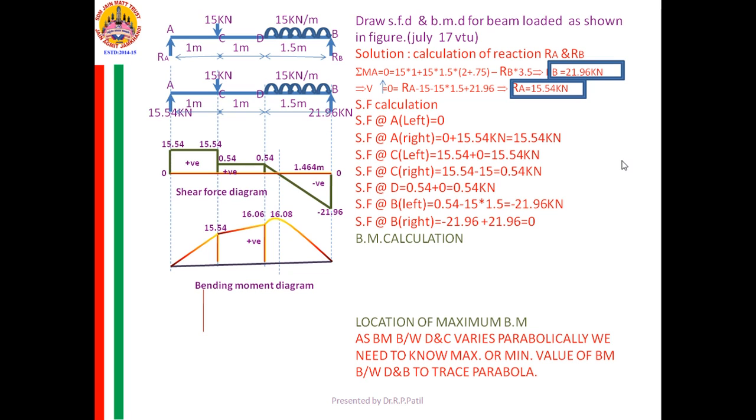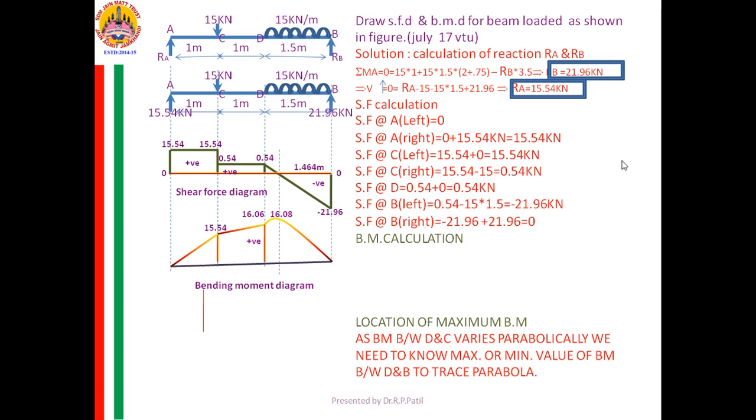BM at left and right of the couple, at point load and start and end of UDL. Yes, with that as the concept, where all are you calculating the bending moments here?